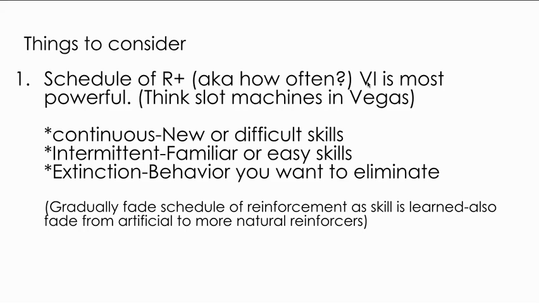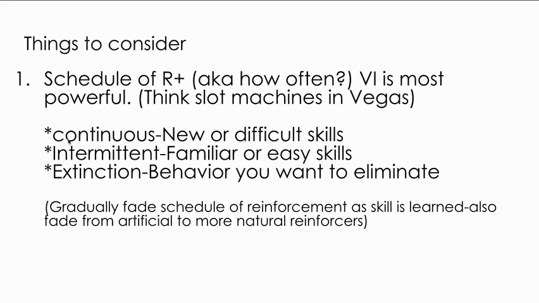In behavioral science, it is considered the most powerful form of reinforcement. Think of a slot machine in Vegas. This is variable as far as you don't know when the big payout's going to be. So it is also the hardest type of reinforcement to fade because it is the most potent and the most strong form of reinforcement.